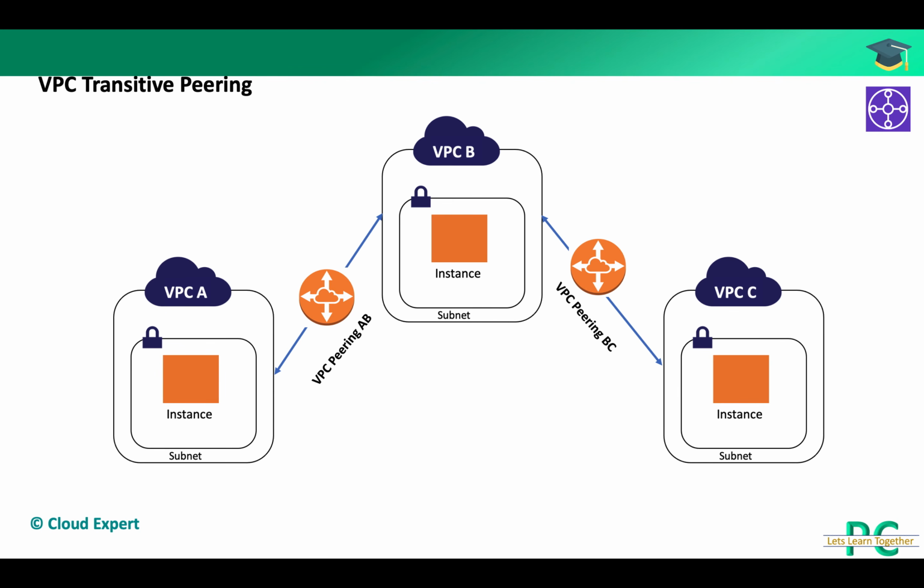The simple answer is no. Since it does not have a dedicated peering connection, you won't be able to establish any communication from VPC A to VPC C, no matter if the other VPCs are connected. So to establish communication between VPC A and VPC C, you need a dedicated peering connection. That is what it means that VPC peering does not support transitive peering.